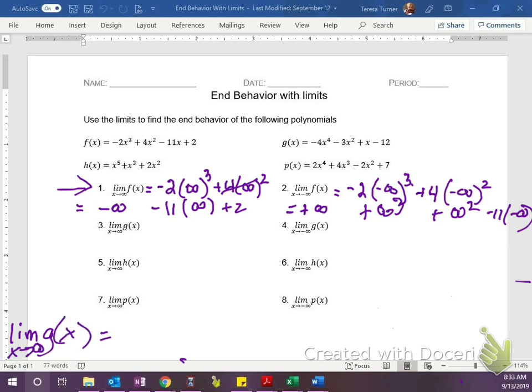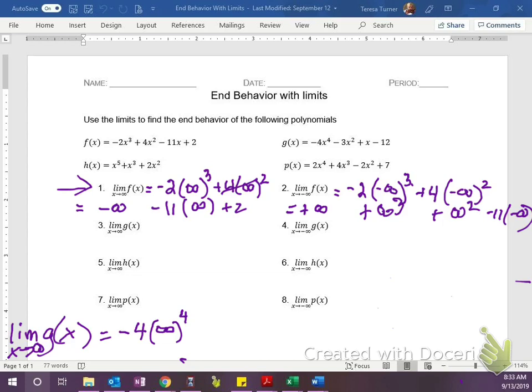All right. So g of x is negative 4. And then we're going to, instead of x, put positive infinity to the 4th power. Right? So if we're way out somewhere at positive infinity, and we raise it to the 4th power, we're now way, way, way positive, right?